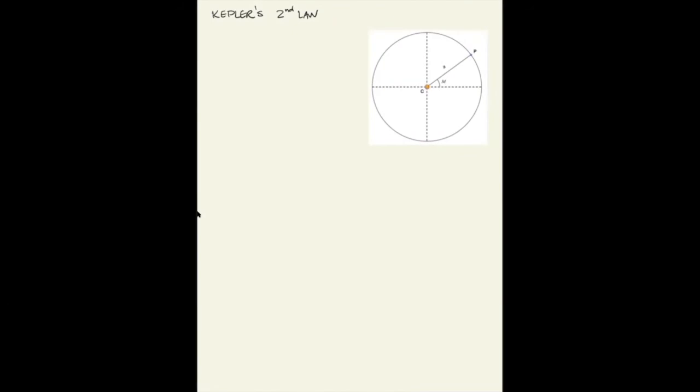So to understand why Kepler needed a new law, let's look at what existed before him. Let's assume that both Earth and Mars go in circular orbits, centered at the sun, in uniform motion. At any instant of time, the position of Mars is given by x being equal to the semi-major axis a times the cosine of this angle m, and y is equal to a times the sine of this angle m.